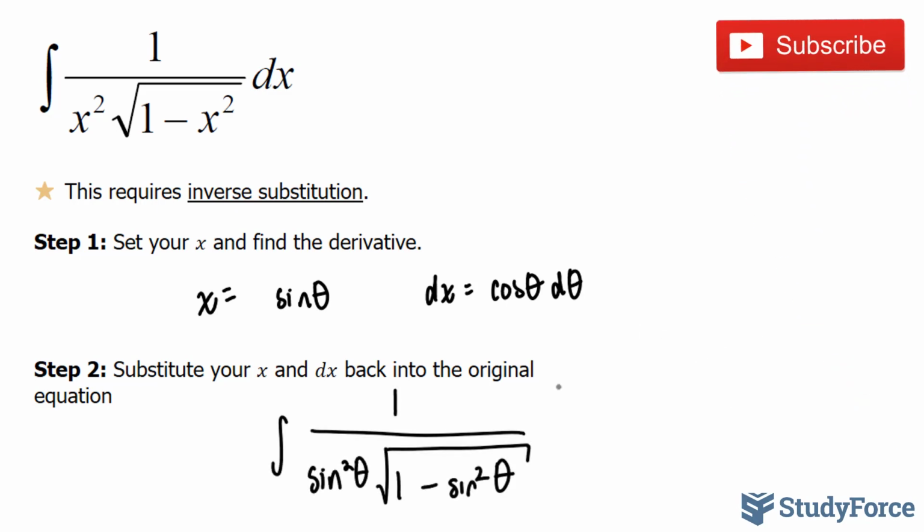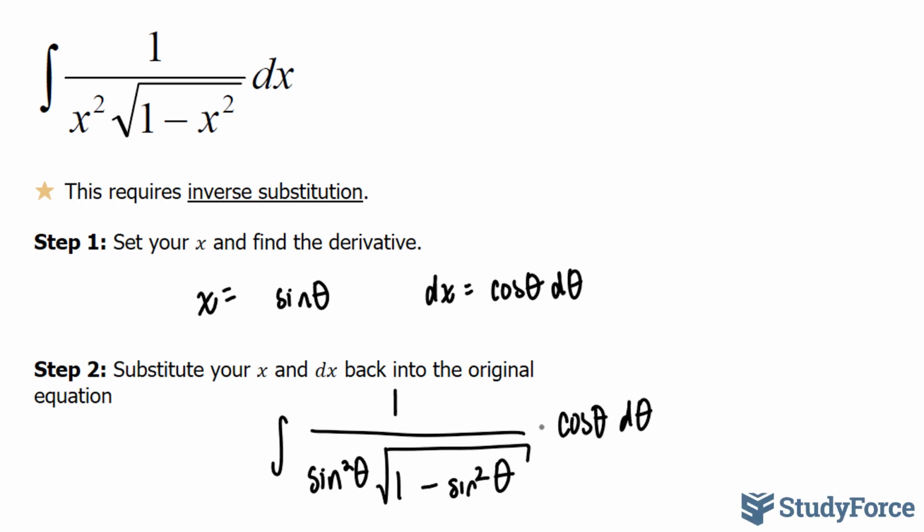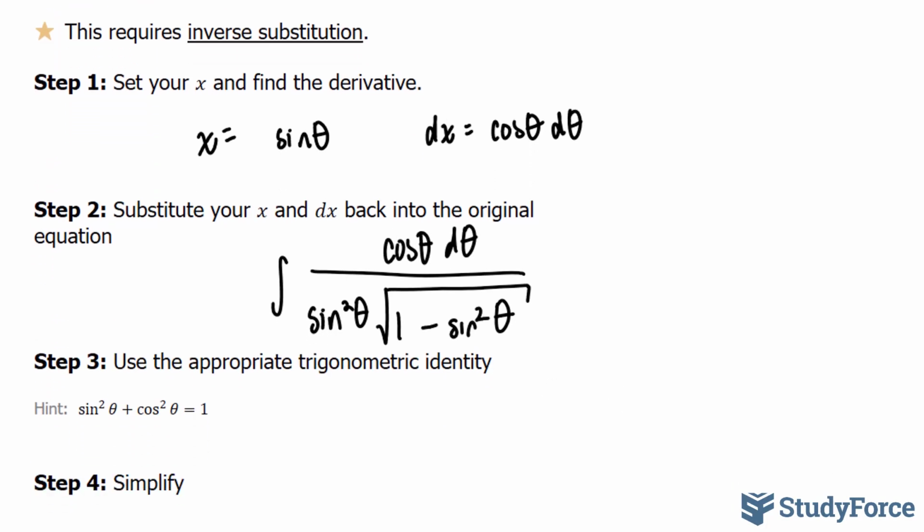And of course, our dx has to be replaced with cosine theta d theta. Since these two parts are being multiplied, this can go up here. Step number 2 is now accomplished.